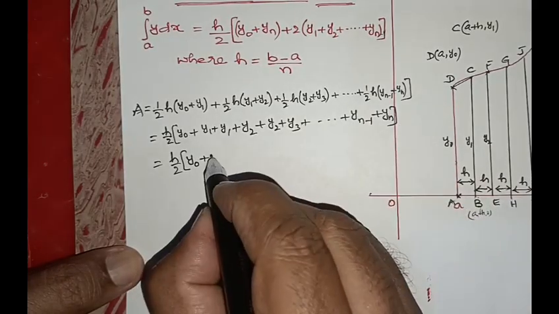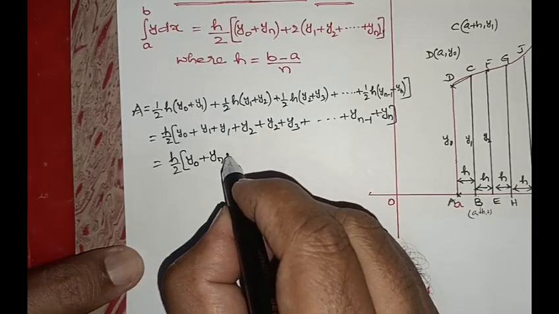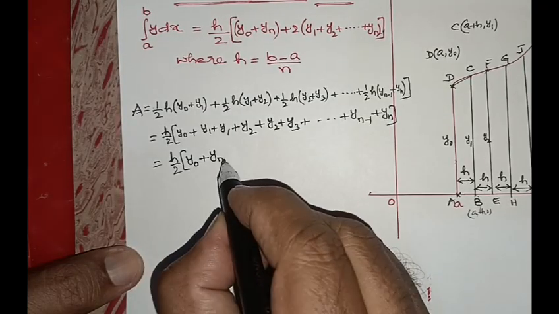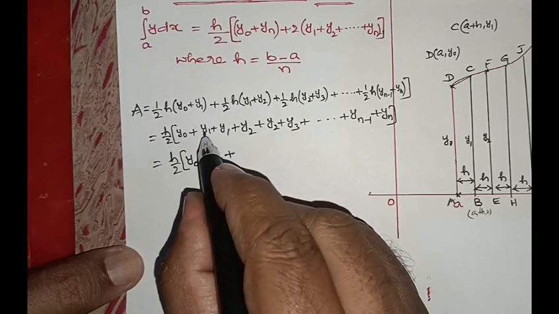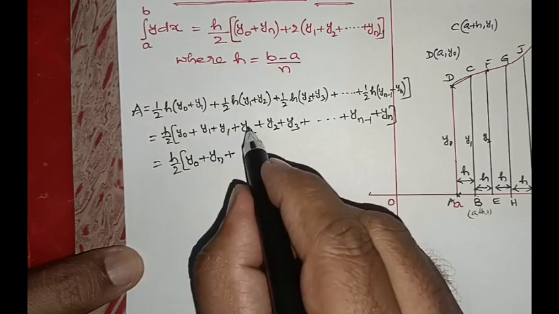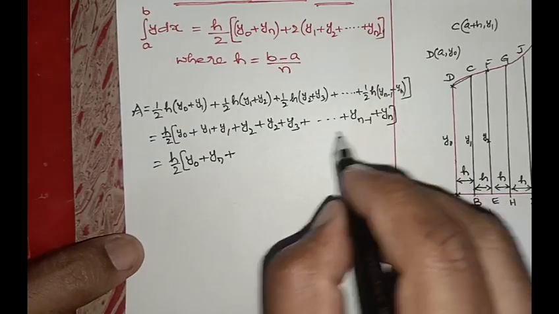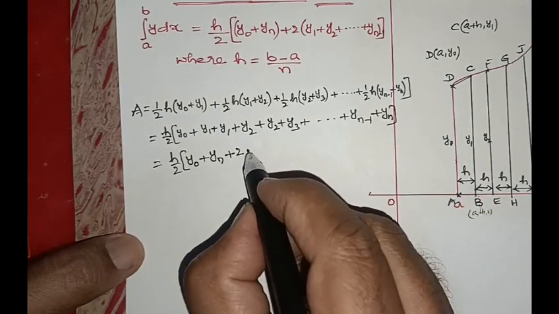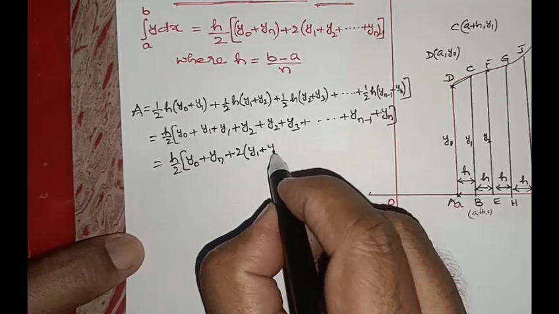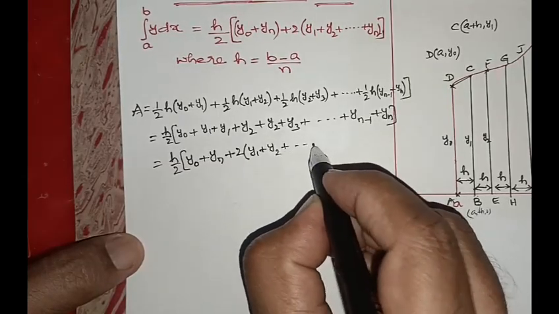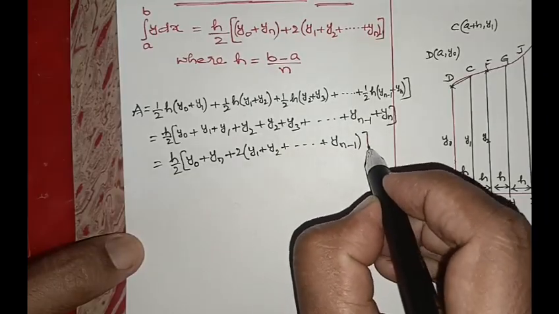So y0 and yn are present one time. I am collecting y0 and yn in the beginning as first term and second term. And the remaining terms y1, y2, y3, y4 up to yn minus 1 appear two times. So while adding, the sum becomes twice y1 plus y2 plus y3 and so on plus yn minus 1.